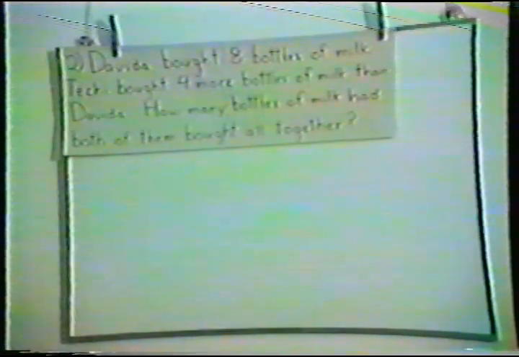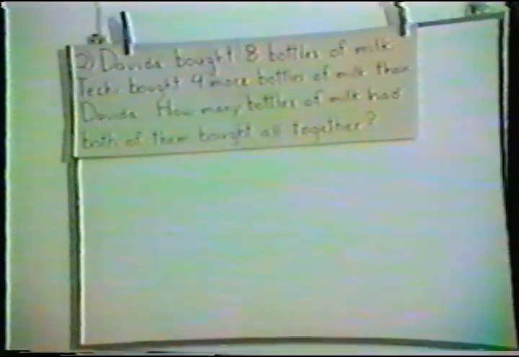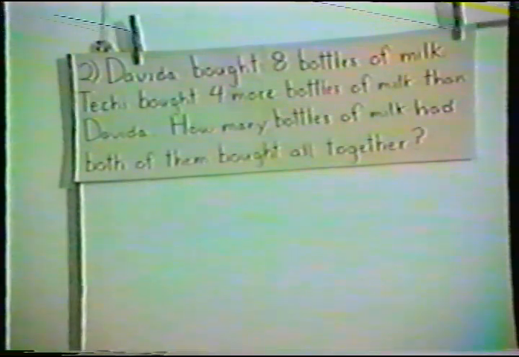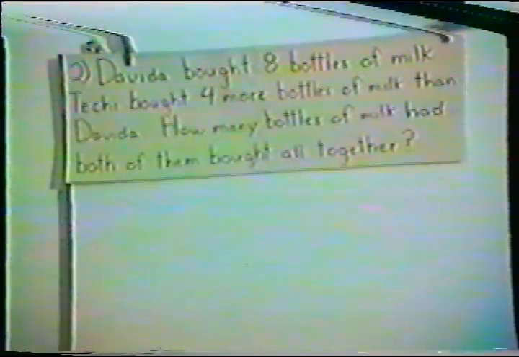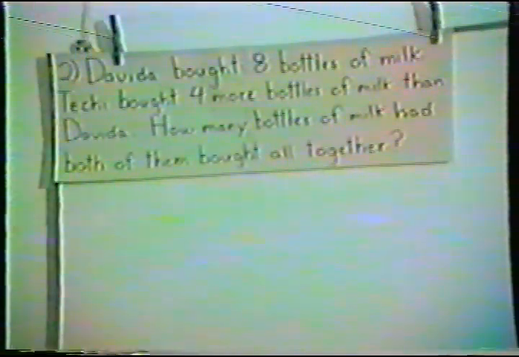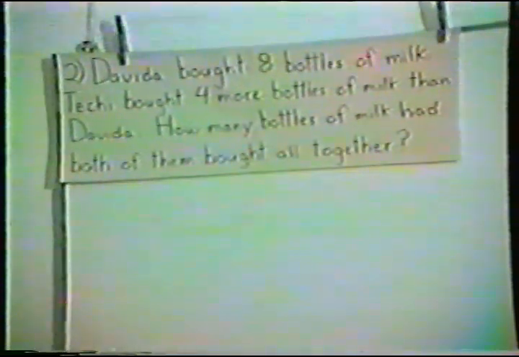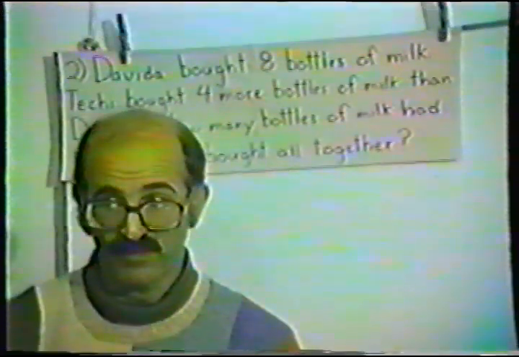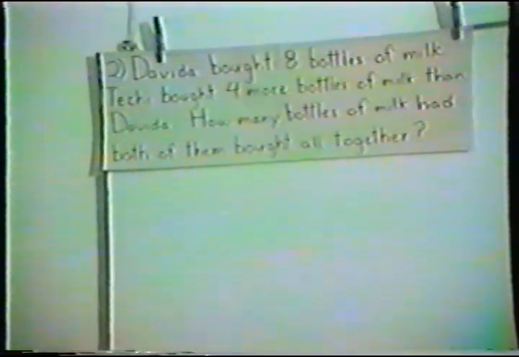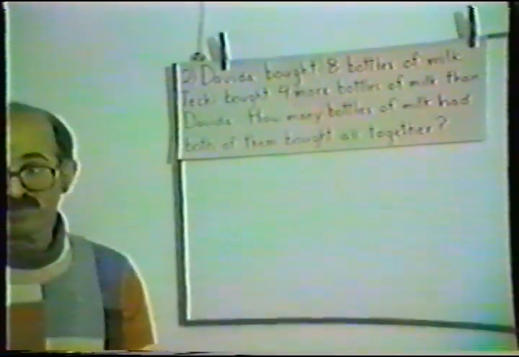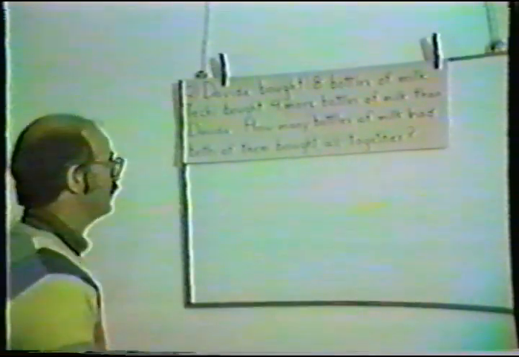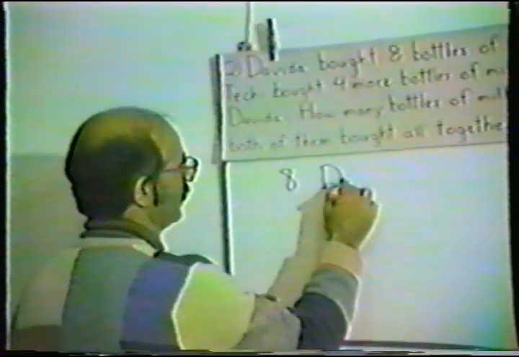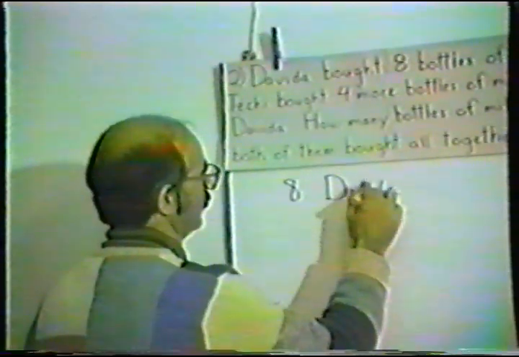Problem number 2. Davida bought 8 bottles of milk. Tetchi bought 4 more bottles of milk than Davida. How many bottles of milk had both of them bought all together? Well, how many did Davida buy? 8. Let's write down that number. 8, and we'll label that Davida.